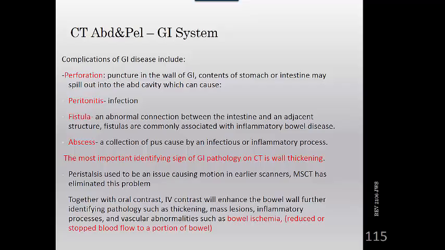Together with oral contrast, IV contrast will enhance the bowel wall further, identifying pathologies such as wall thickening, mass lesions, inflammatory processes, and vascular abnormalities such as bowel ischemia, which is reduced or stopped flow to a portion of the bowel. We'll see that more pronounced when we talk about CTA of the abdomen and the mesenteric vessels, how they can be constricted and stop or slow down the blood flow to the bowel.